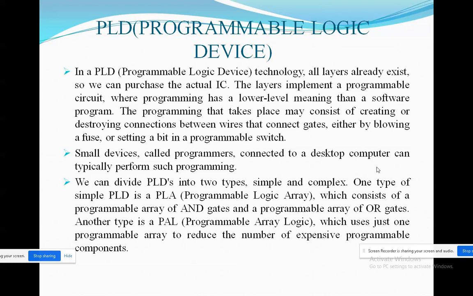Logic array and array logic have a difference. In a logic array you will have two types of logic array: one is the OR gate array and the other is the AND gate array. Programmable array of AND gates and programmable array of OR gates. These are the two types of programmable logic array. The AND gates will be arranged in an array manner, and the OR gates will be arranged in an array manner.